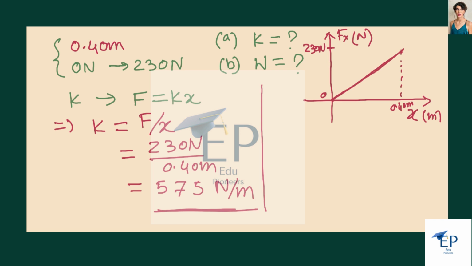Then you know that when we have a force versus displacement graph, the work done is just the area under the graph. So the area under the graph is this part, right? We have to basically calculate the area of this triangle. So what is the area of this triangle? That is half times base times height.